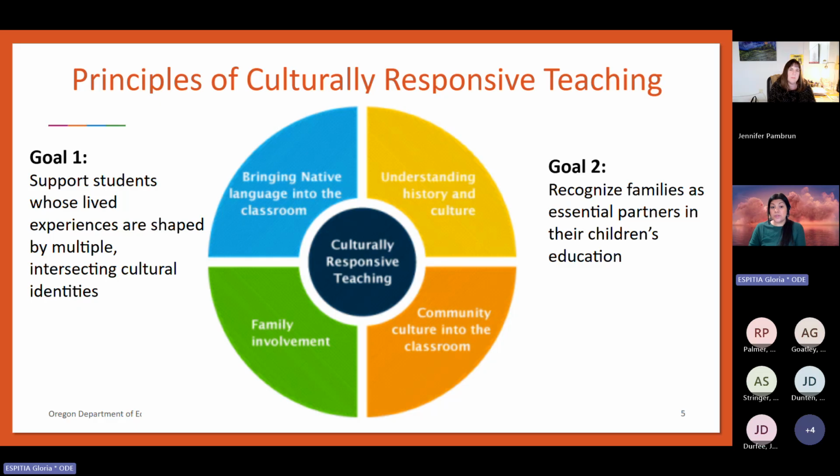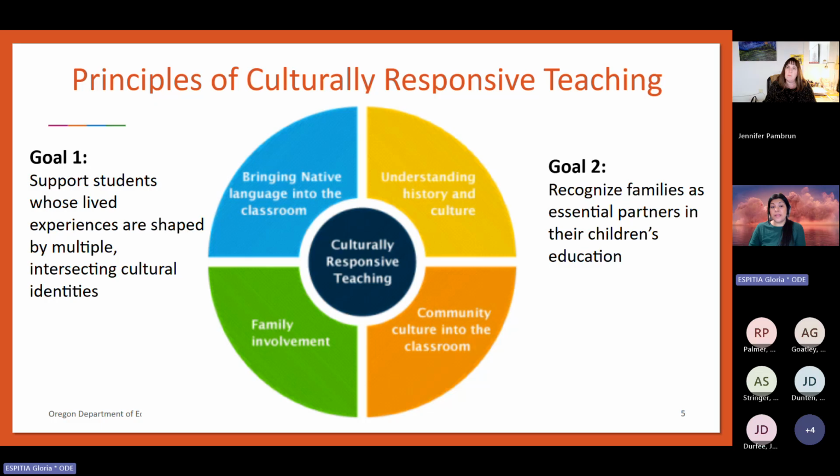Community culture in the classroom connects learning to students' identities, their experiences, and communities, emphasizing that students learn best when their cultural backgrounds are recognized as assets. Understanding history and culture allows us to build bridges between students, families, and their learning at school.